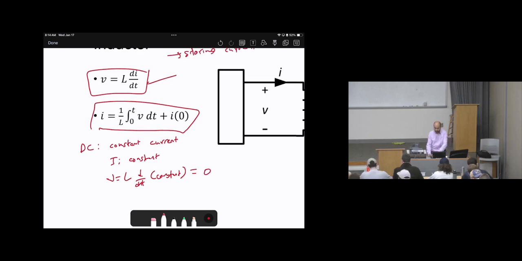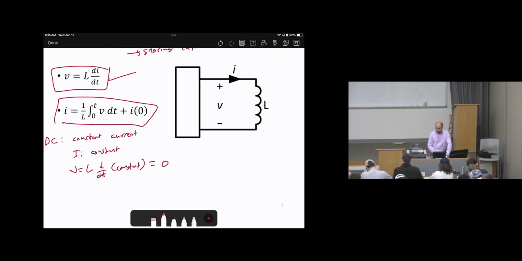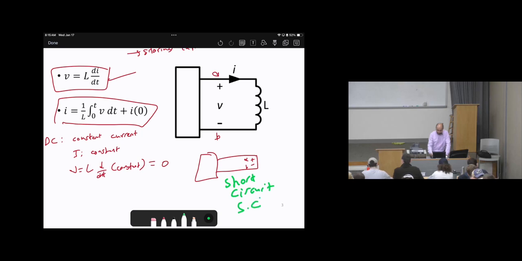Okay. If the voltage is 0, this means the voltage of point A equals the voltage of point B. In other words, this means A and B are connected to each other. And I would say this is called a short circuit, or as a shortcut, SC.